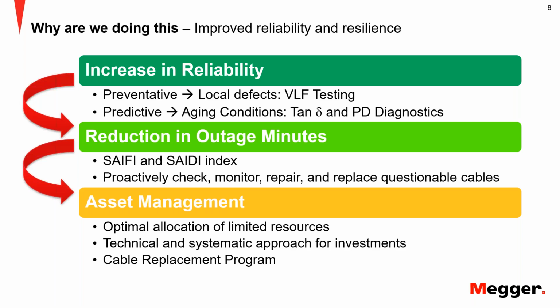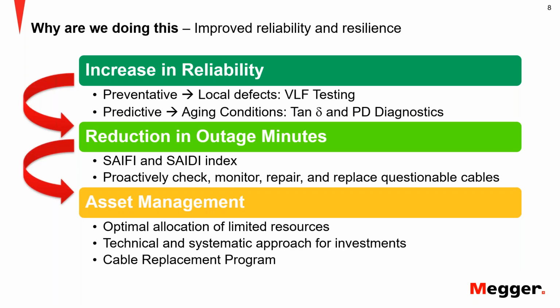And that is already corrected for major events, storms and everything. And that has to a certain extent to do with the type of infrastructure, with the amount of overhead versus underground and all of these things.